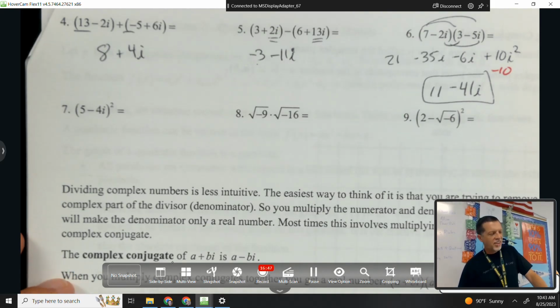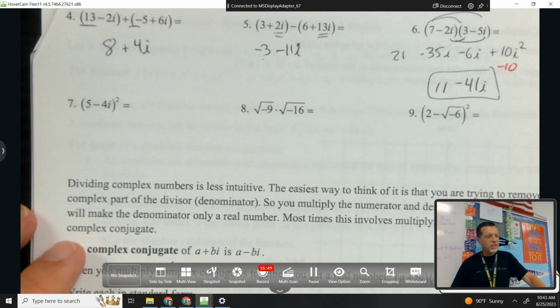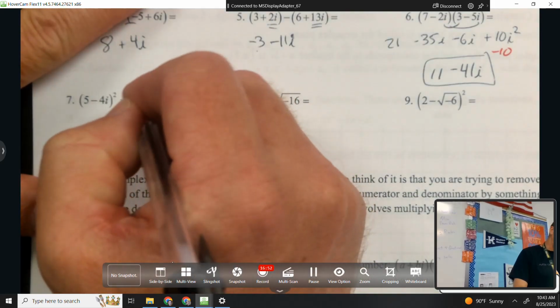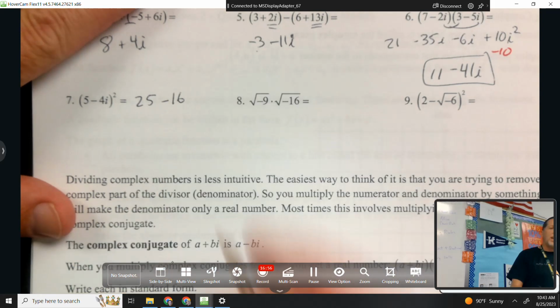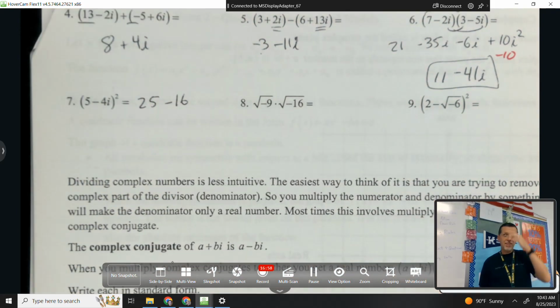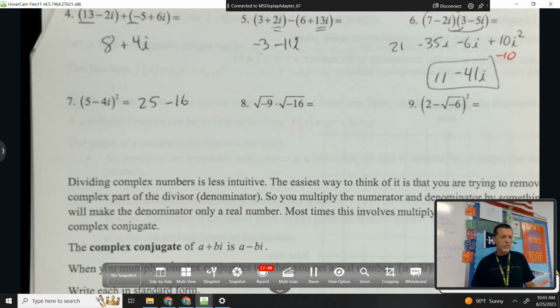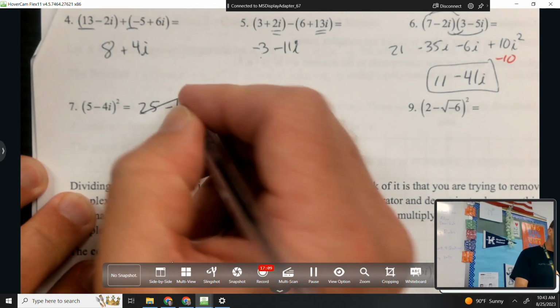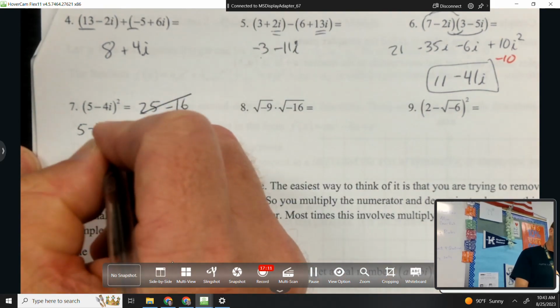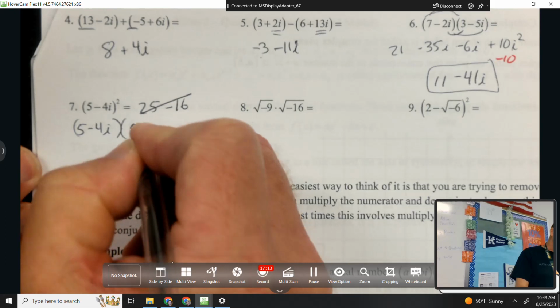Number 7, surely no one is going to tell me that the answer is 25 minus 16. Why is that wrong? I squared the 5 and I squared the negative 4i. I need to FOIL. There's another term in there. So those terms are going to show up, but I need to FOIL to get that middle term.